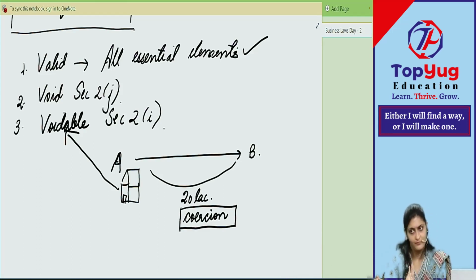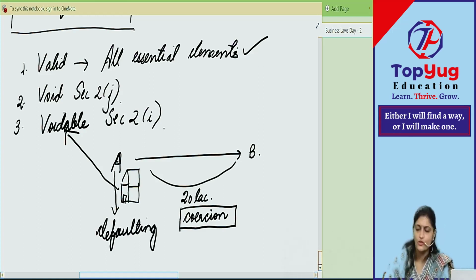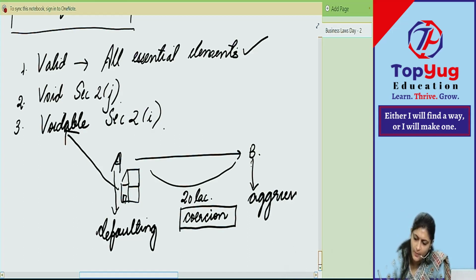So here in our example, who is doing wrong? So he is known as what party? Defaulting party. And the party on whom this wrong is done, who is suffering because of this wrong, is B. This person is known as which party? Aggrieved party, or you can say suffering party also.